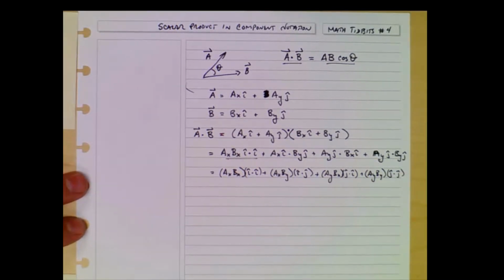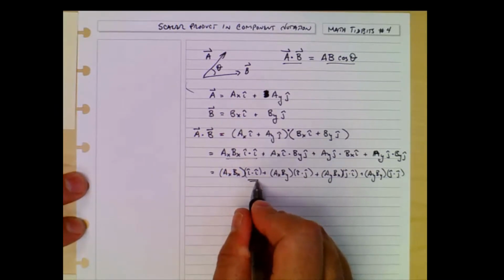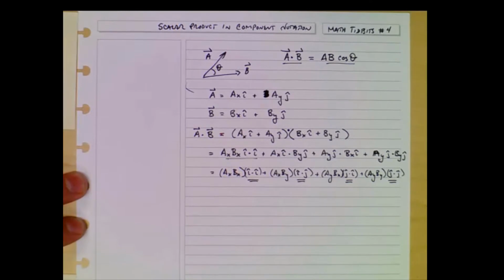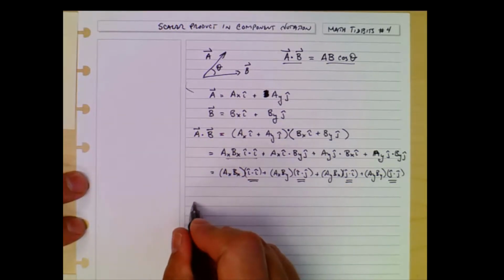Now, in order to resolve this, I need to know what are all of these unit vector dot products. Well, those are very simple because we have some easy rules of thumb.